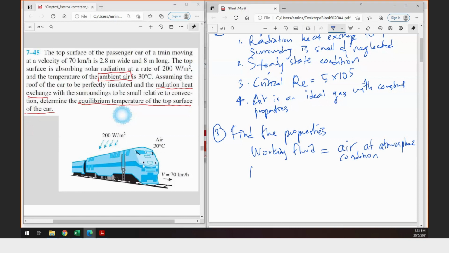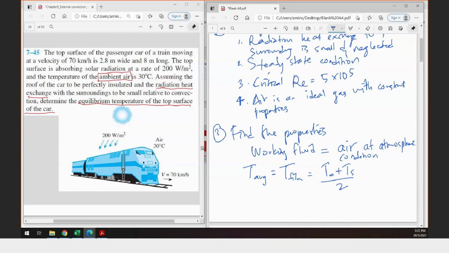So you need to find the T average, which is T film. It's supposed to be T surrounding plus TS divided by 2.